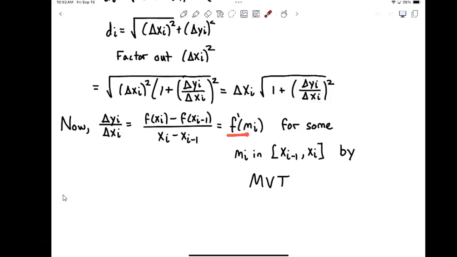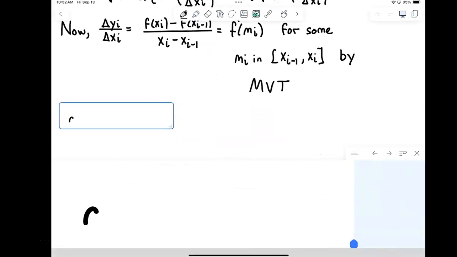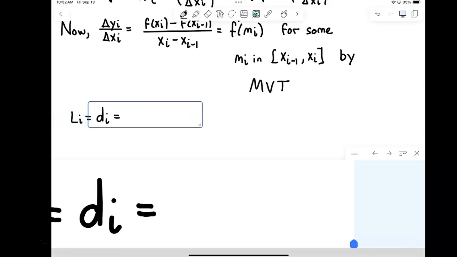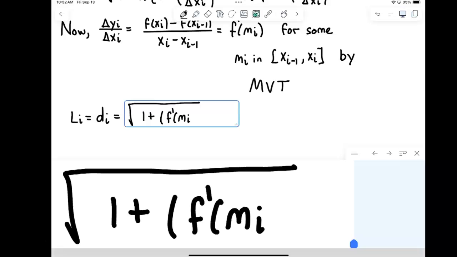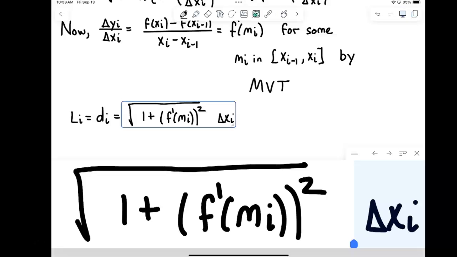We can actually replace that now with the derivative, giving my distance approximation, that the di, which we're now going to replace and call L sub i, the length of the ith subinterval, will be the square root of 1 plus f prime of m sub i squared, with delta xi on the outside. So that's going to be our approximation step.